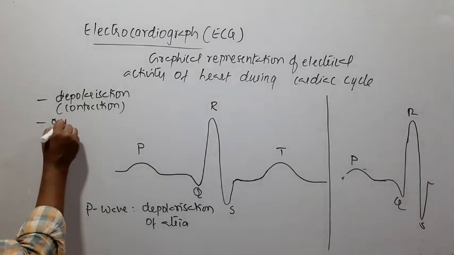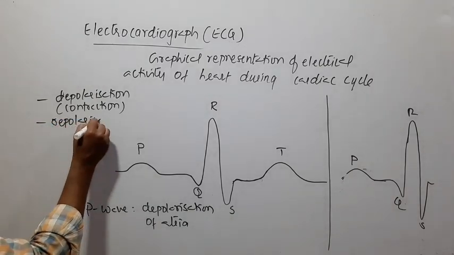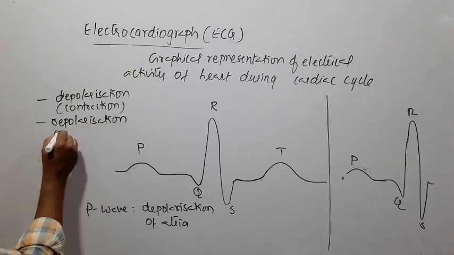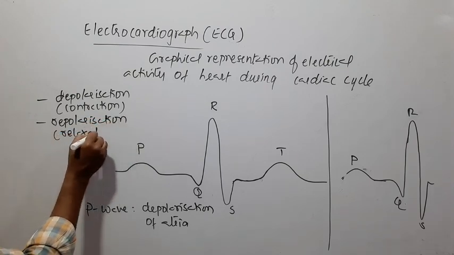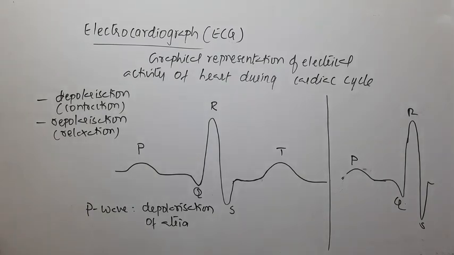We have one more word called repolarization. This you have to take it as relaxation. So when the auricles or ventricles come back to the normal state, we call it repolarization, and when they are in a contracted state, we take it as depolarized state.